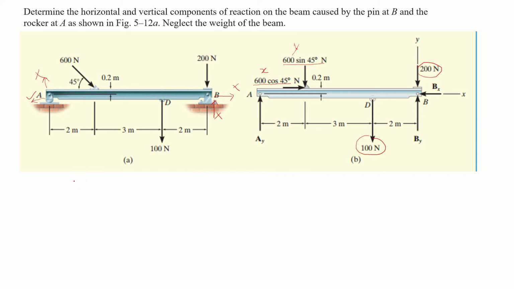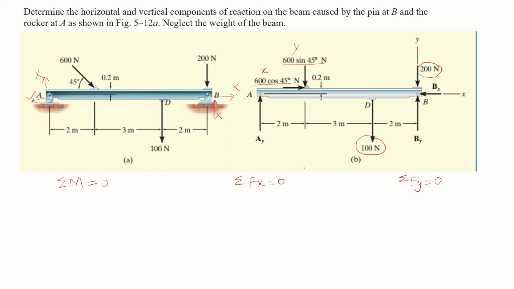So now we will apply the conditions of equilibrium. The conditions of equilibrium are sigma M equal to 0, the second condition is sigma Fx equal to 0, and the third condition is sigma Fy equal to 0.